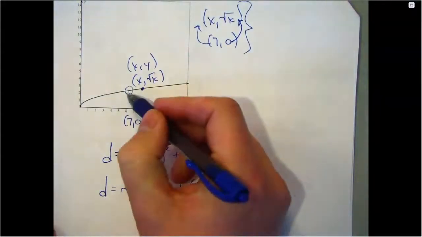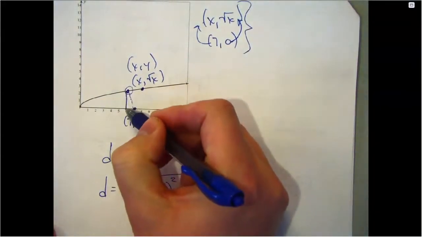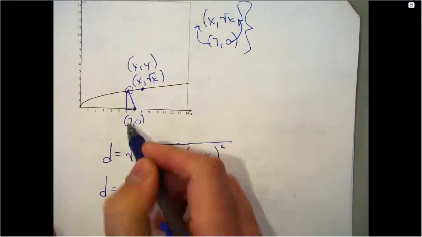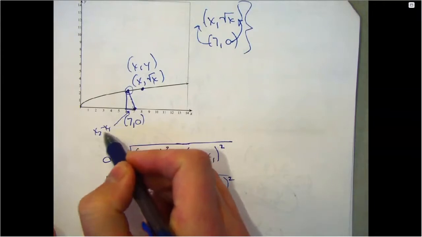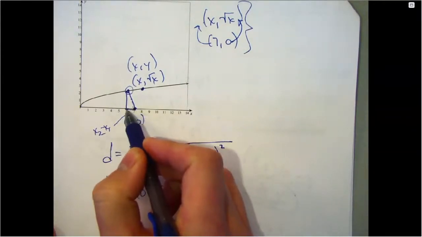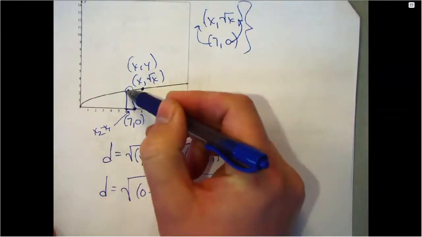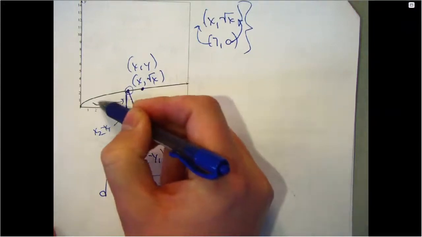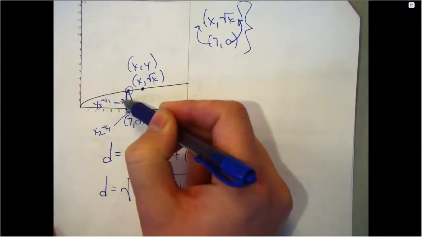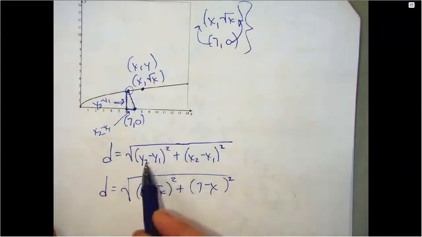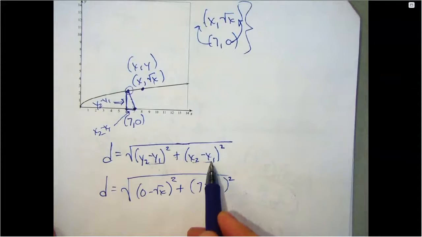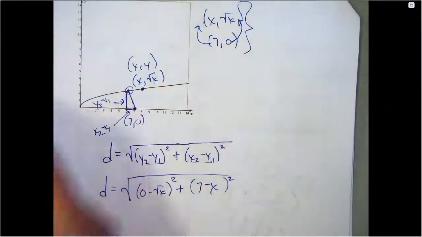If you looked at, say, these 2 points, it's really the Pythagorean theorem. How far are those 2 apart? It's x2 minus x1, because it's the difference in the x values. How far apart are these 2? y2 minus y1, because it's the difference in the y values. So then a squared plus b squared equals c squared, so we just have to square root it.